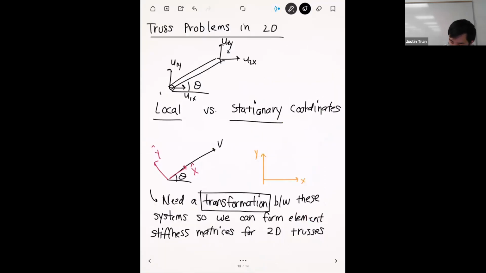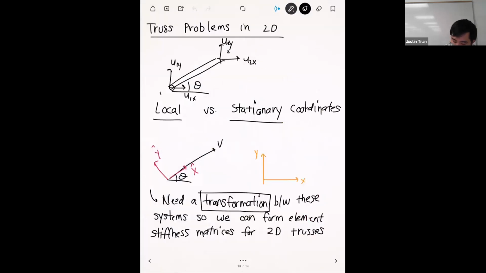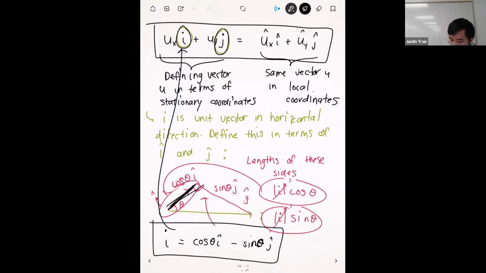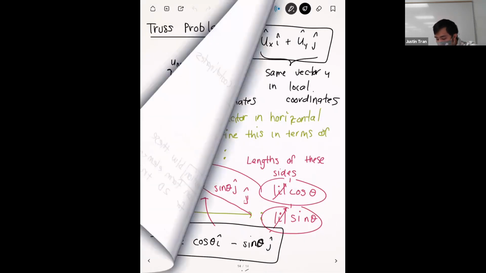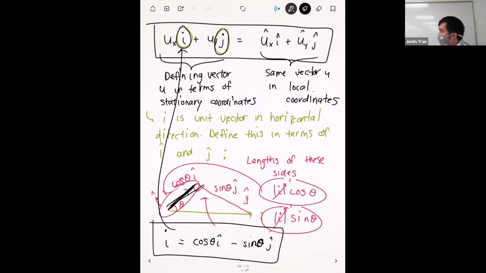When we drew the short side of the triangle, we went up and to the right, which is in the positive I hat direction. Then when we drew the other side of the triangle in the j hat direction, we went down and to the right. If we go back to the other page, going down to the right is in the minus j hat direction. It's a little bit hard to visualize, so definitely go back and forth between these slides to understand what we're doing.